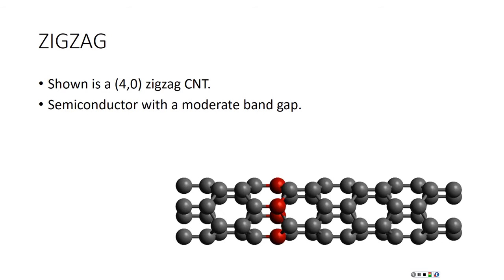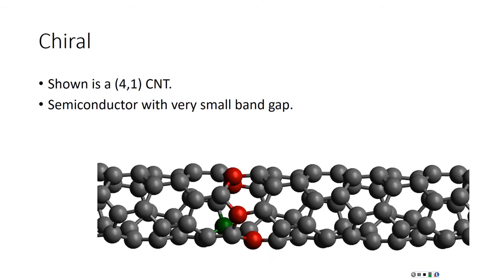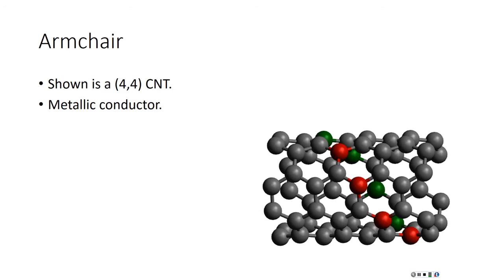So I've tried to highlight them in these pictures here so you can kind of get your mind around them. And we're going to be using ZIGZAG, but there's also chiral vectors, where it's 2 unique numbers, and armchair, where both of the pair of vectors are the same.